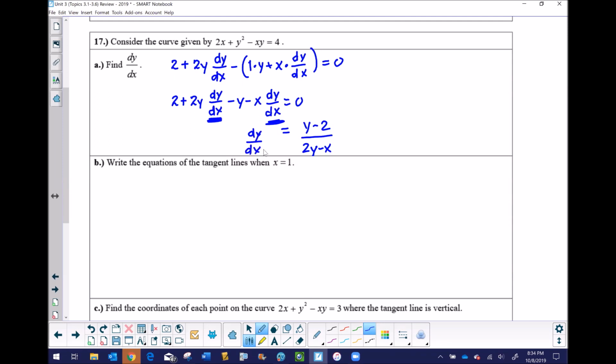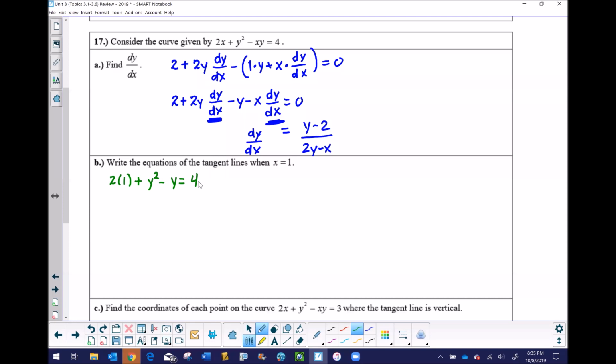If it wants to know the equations of the tangent lines, that sounds pretty plural, doesn't it? The equations of the tangent lines at x equal 1, then we're going to have to do a couple of things. The first thing is we have to know what the y value is when x is 1. So you just return to the original problem, and we are going to replace all of the x's with a 1.